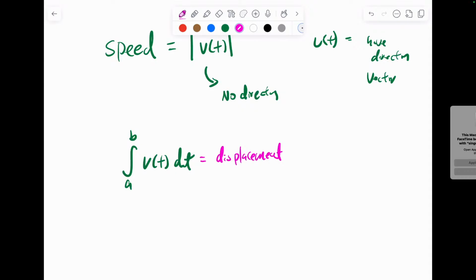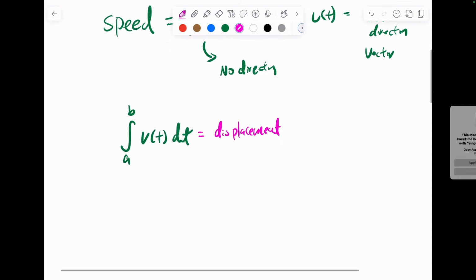And you're going to ask, what is displacement? Well, displacement is the difference between the position at time b and the position at time a, so the difference between two positions. So at this time I'm at Walker, and the next time, like 10 minutes later, I'm at Walmart.